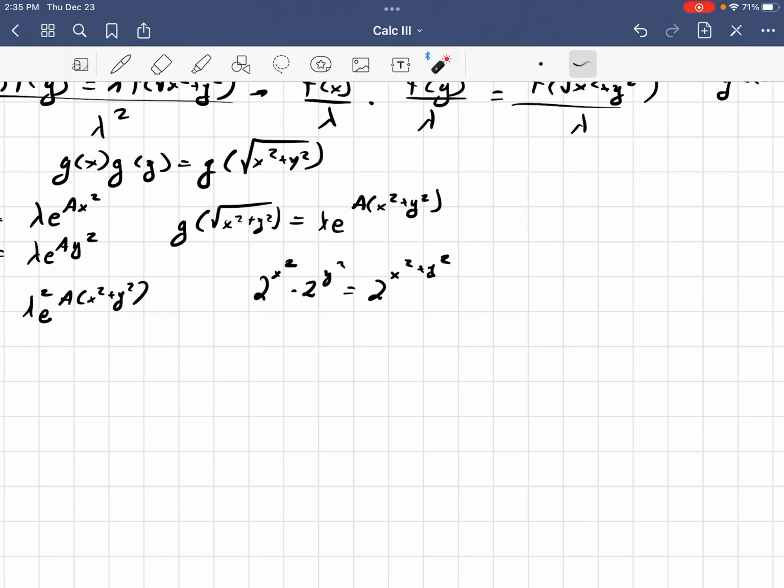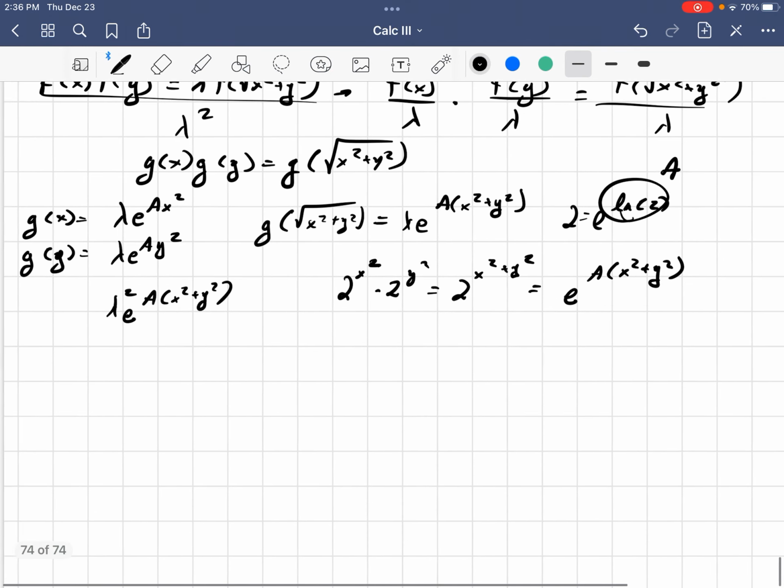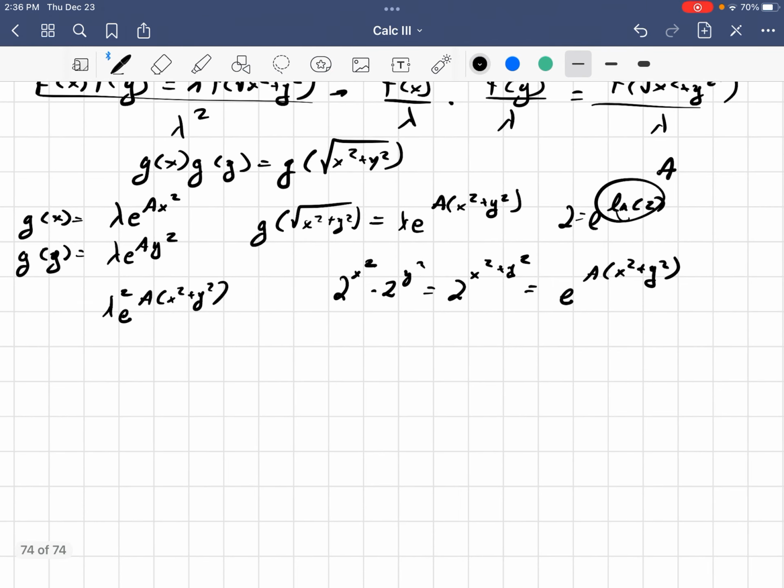But any base works. e is a nice base, so we can turn that base 2 into a base e just by noting that 2 is equal to e to the natural log of 2. And natural log of 2 we can just call some constant a. So 2 to the x squared plus y squared is e to the a times x squared plus y squared, in that particular case where a is natural log 2, but you could have used whatever other base you wanted.